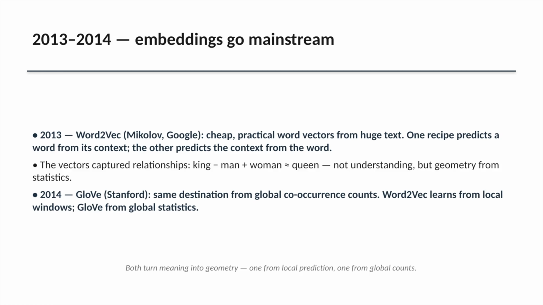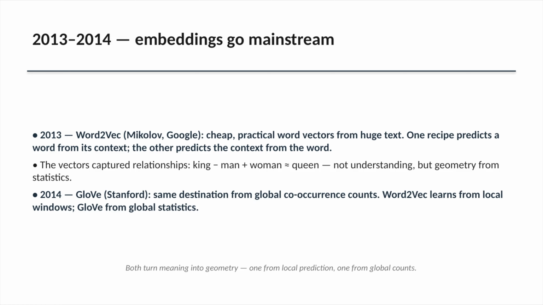In 2013, embeddings became famous. Word2Vec, from Tomas Mikolov's team at Google, learned word vectors cheaply from enormous amounts of text. It came in two flavors. One predicts a word from its surrounding context, the other predicts the context from the word. And the vectors captured relationships.